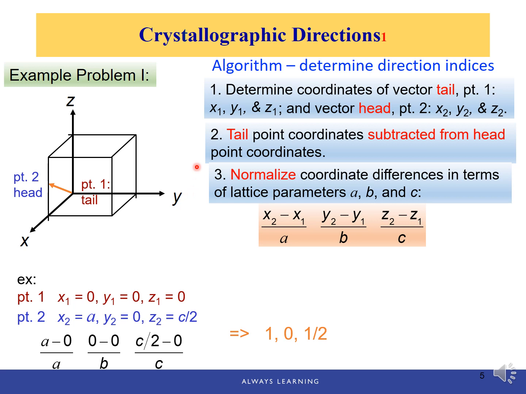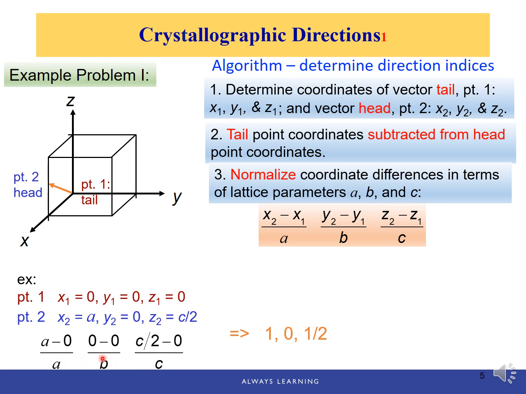Next, we did the two steps together, we're going to normalize the coordinate differences in terms of the lattice parameters A, B, and C. So the first component divided by A, second component divided by B, third component divided by C.